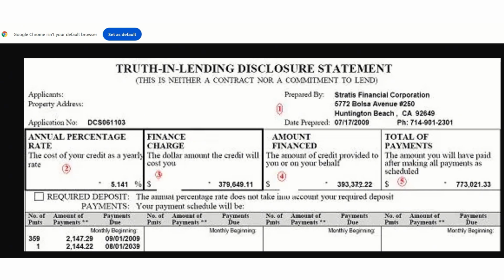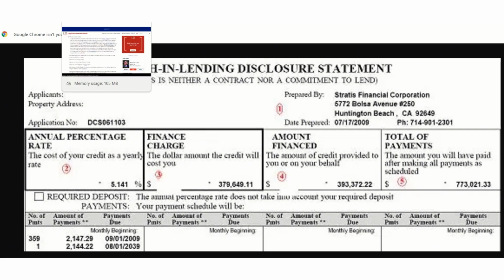So the finance charge is the interest, which is right here, plus amount payable, which will be the sum of all charges, right here. So have we received accurate material disclosures?